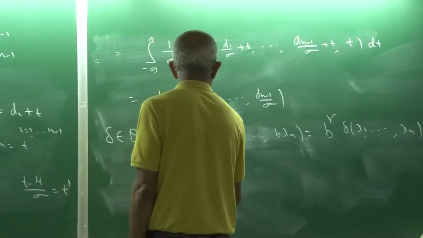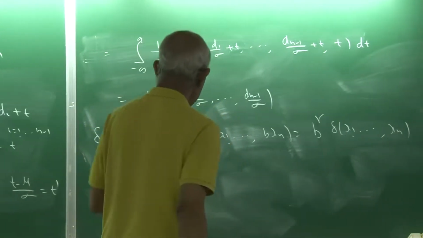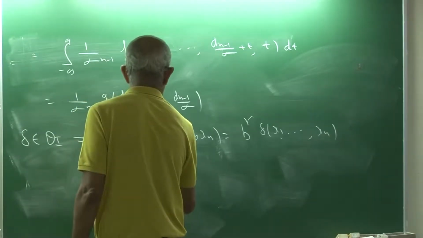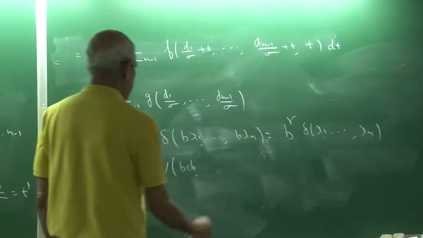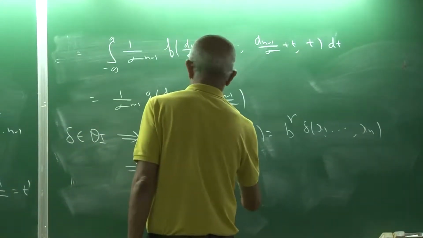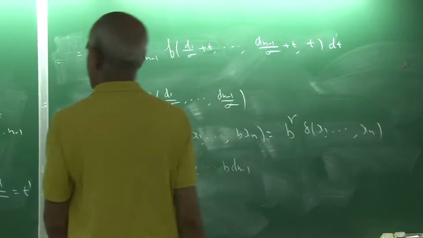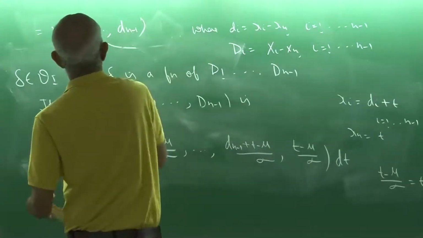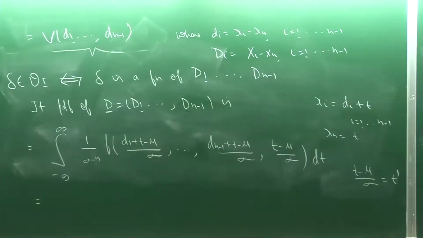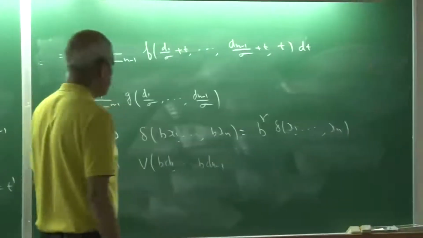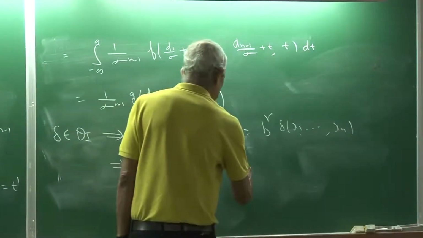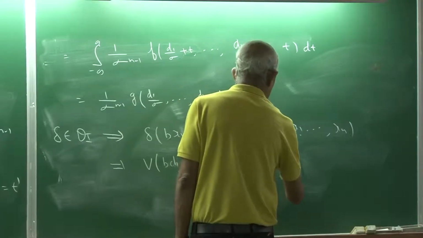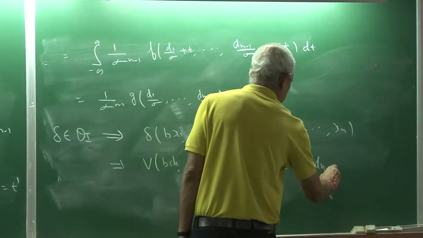So v of b d1, b d2, b dn minus 1 is the same as b to power r v of d1, d2, dn minus 1.